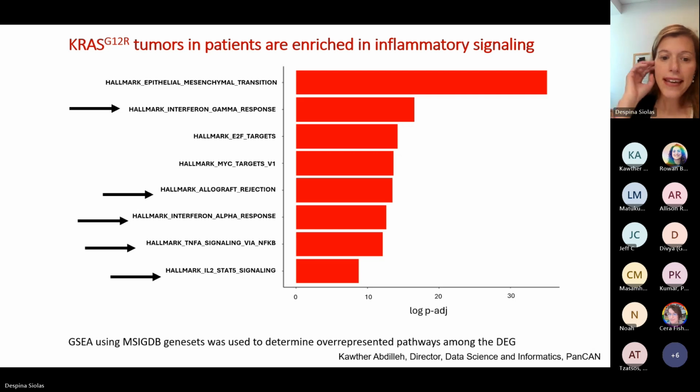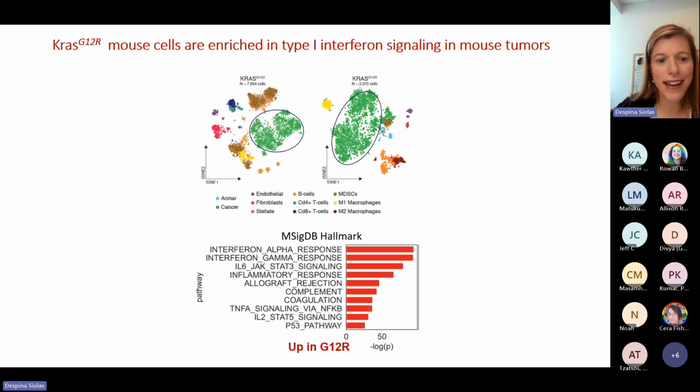And so that was pretty exciting. But in addition to humans, I also have some mouse data of our tumors that show those same signaling pathways, right? I didn't tell them that. I just said, let's do this analysis. And then I was like, guess what? Again, pointing us to a potential mechanism for what we're seeing in the lab.